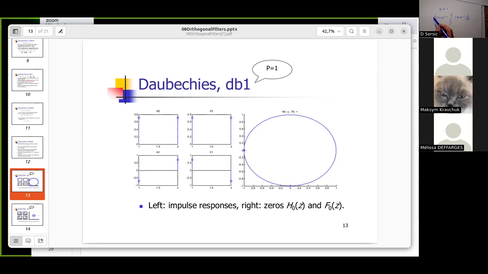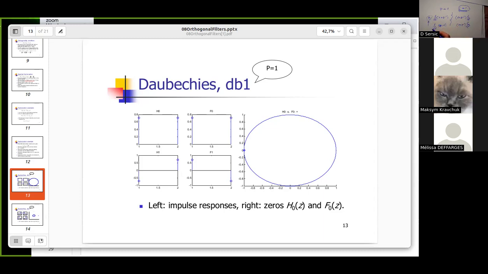We said that we have to multiply it by z to get this part. This means, if you still remember, the delay of such a filter bank was 1.